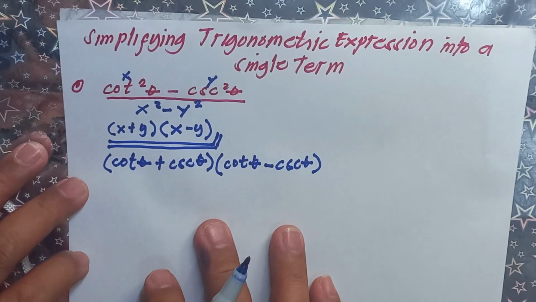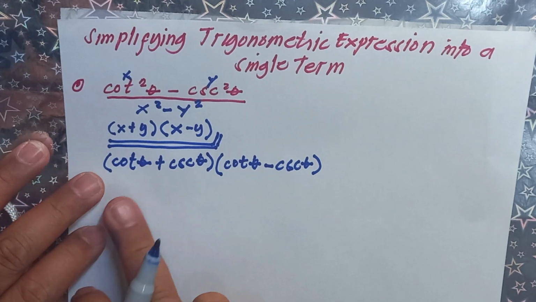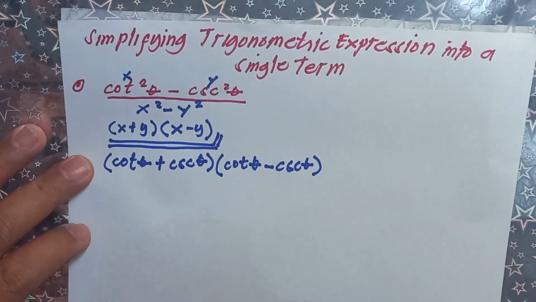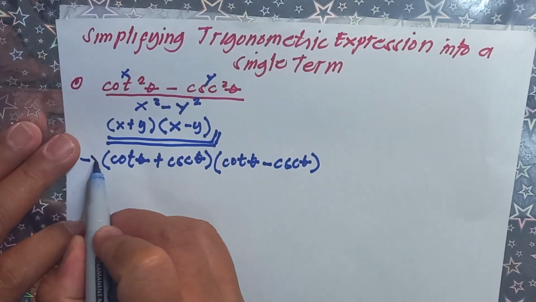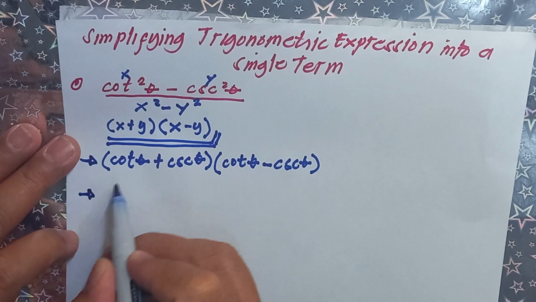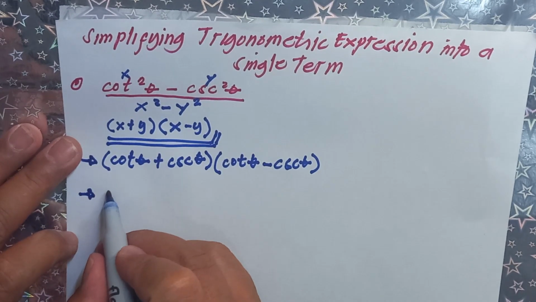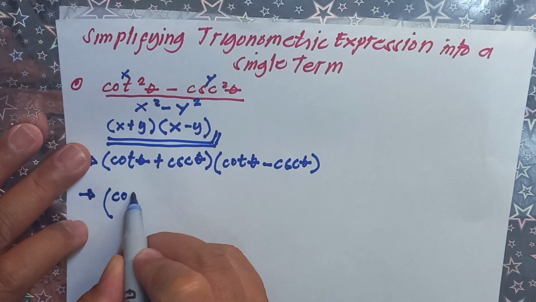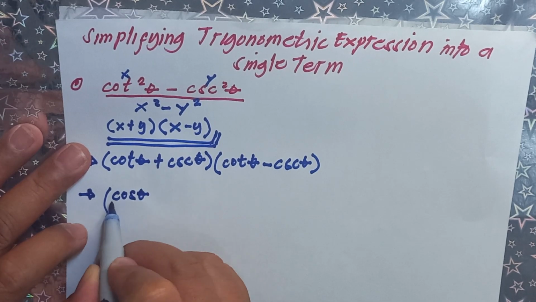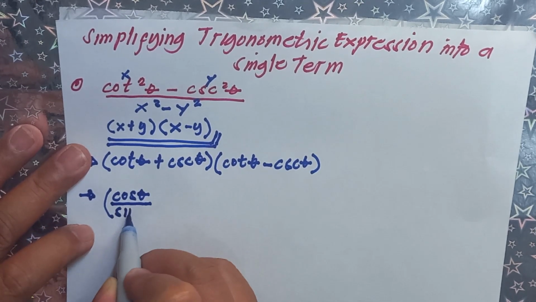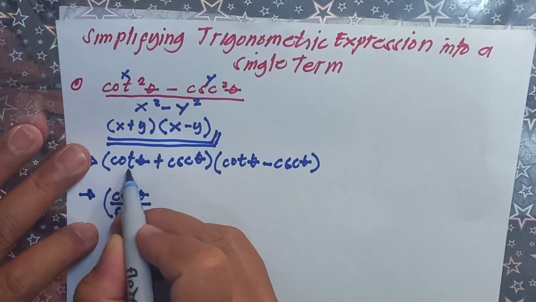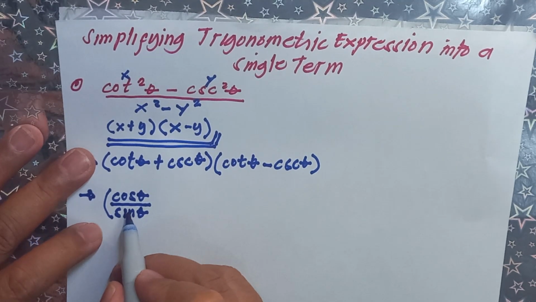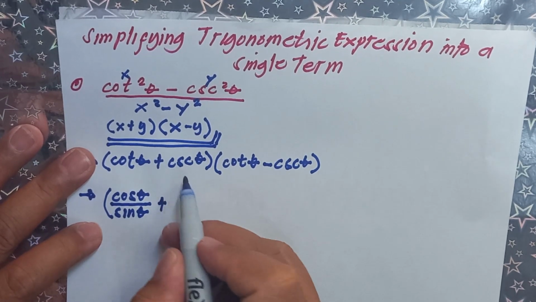Now notice this one. When we continue, we try to get the definition of cosecant and cotangent theta in terms of cosine and sine. What is the definition of cotangent? Cotangent theta is the same as cosine theta over sine theta, plus what about this one?